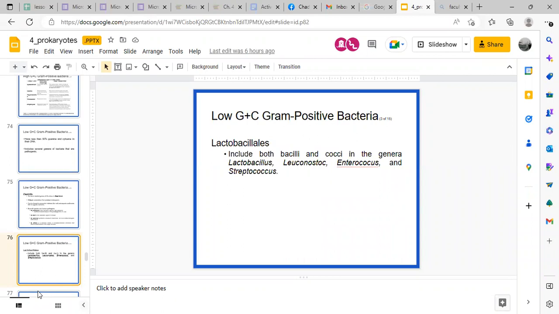Another class under low G plus C gram-positive bacteria. You have Lactobacillus. Under this, you can have bacilli or cocci, and you have Lactobacillus, Leuconostoc, Enterococcus, and Streptococcus.